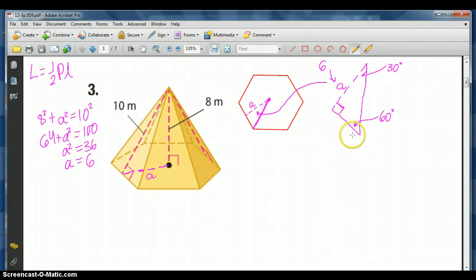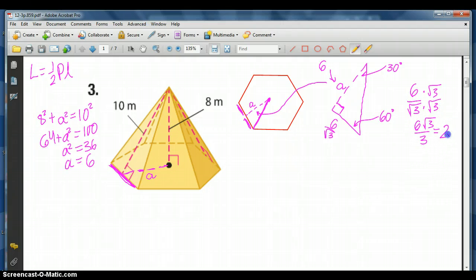So to find the short leg, which would be half the length of this side here, we divide that by the square root of 3. So 6 divided by the square root of 3. We can rationalize that, and we get 6 root 3 over 3, which is equal to 2 square root of 3.